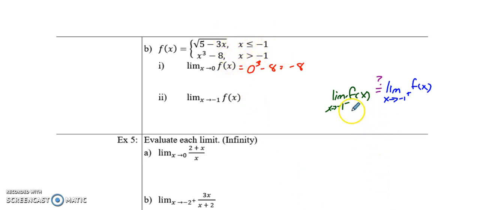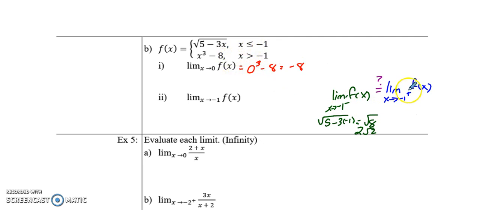Again, what do we do? Direct substitution. So the square root of 5 minus 3 times -1, we get the square root of 8, or 2 square roots of 2. Actually, square root of 8 would be okay in this case because that's not our final answer. What happens at -1 in the second piece?